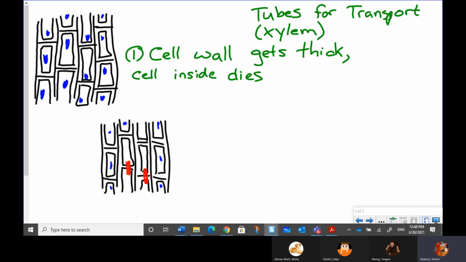Can we just draw that in gray on ours? Yeah, you can use gray on yours. In the textbook, it uses this really cool little 3D feature, but we don't have that. And what the red is showing here is that the cell wall is starting to dissolve.